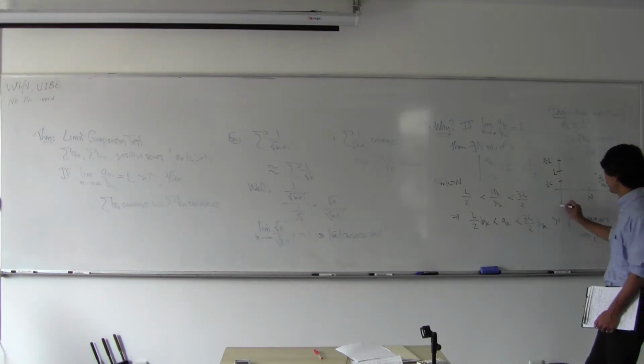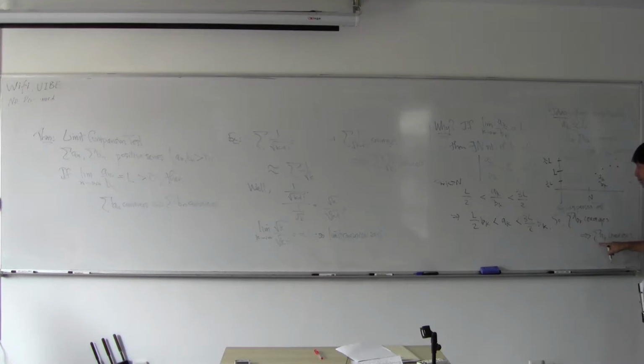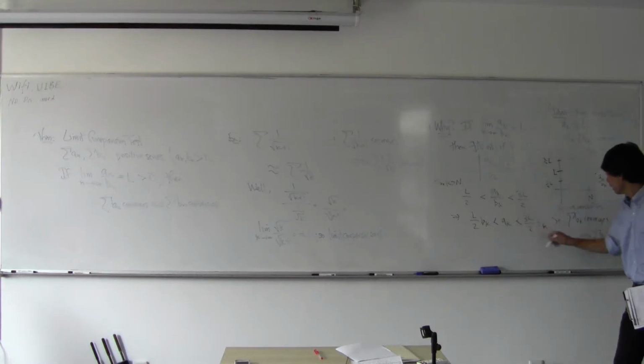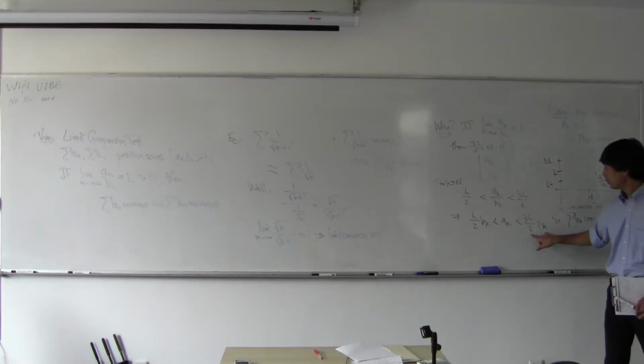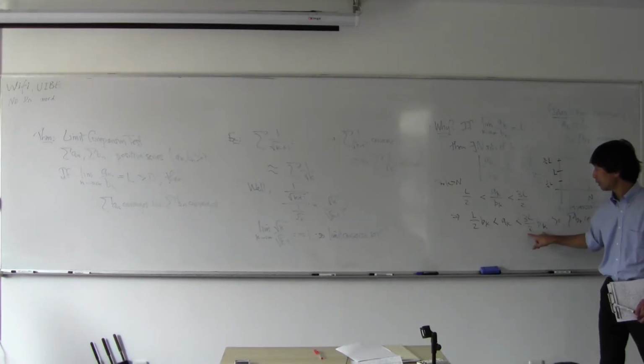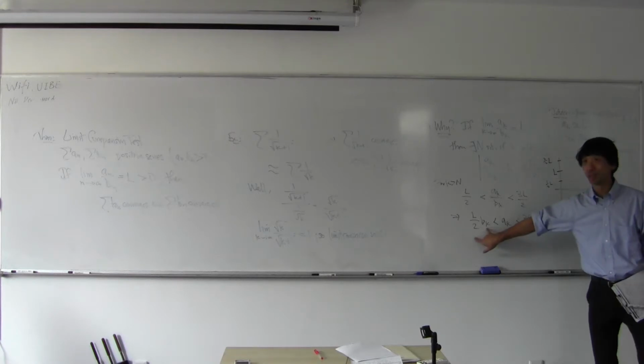By comparison test, BK converges implies AK converges, and AK converges implies BK converges. If the sum of the bigger guys converges, then the sum of the smaller guys converges.